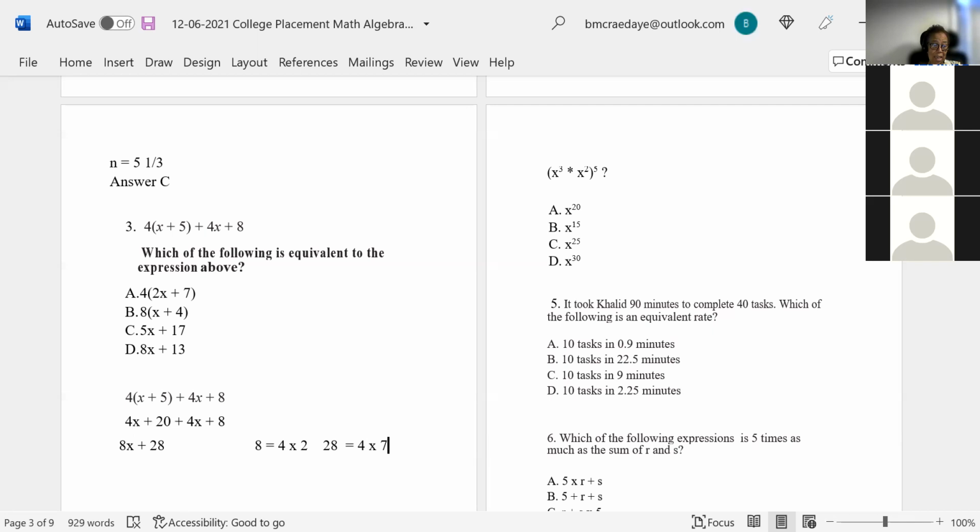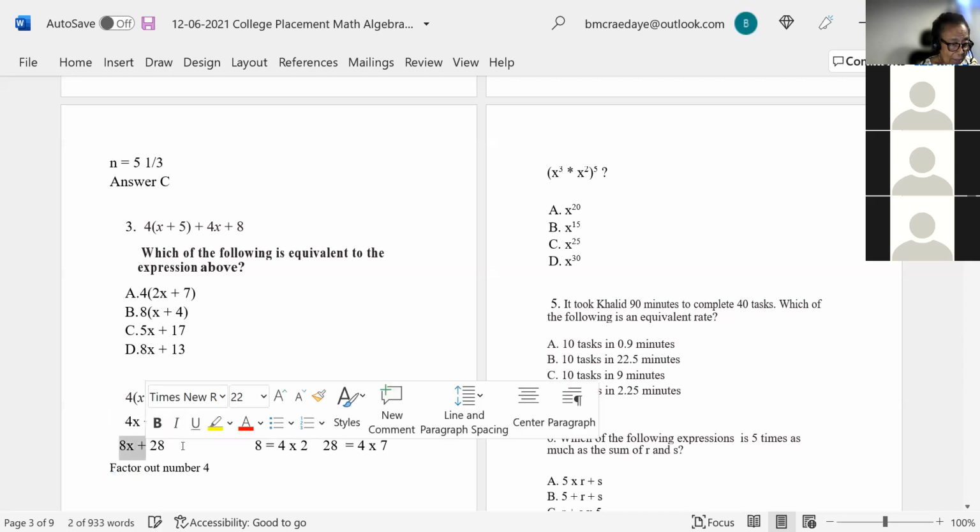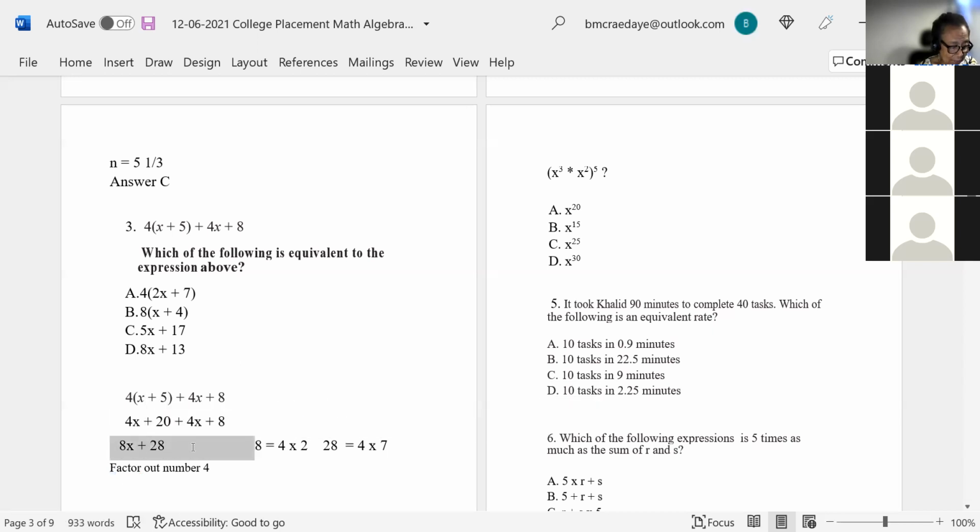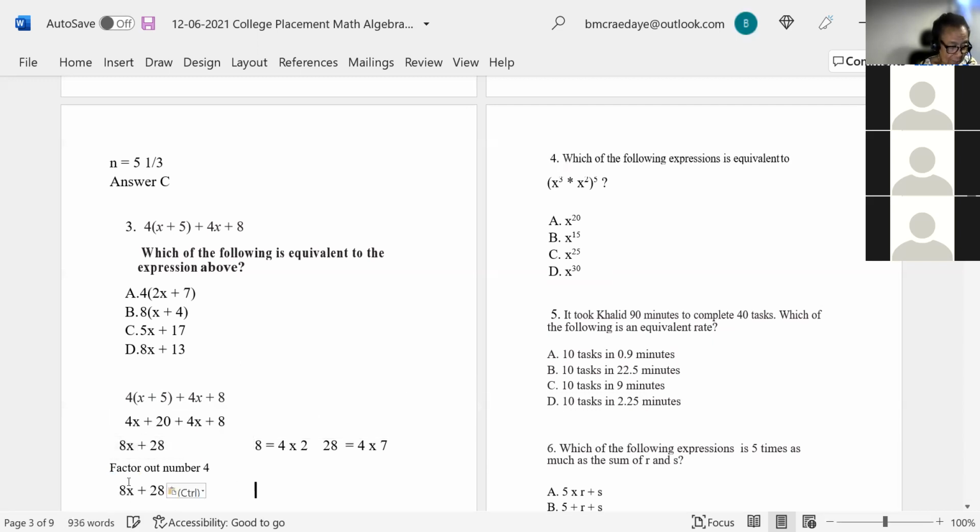So when we look at our answers, we see that factor in answer A. Because if I factor out the 4 from 8x plus 28, that's why I wanted you to give me another set.